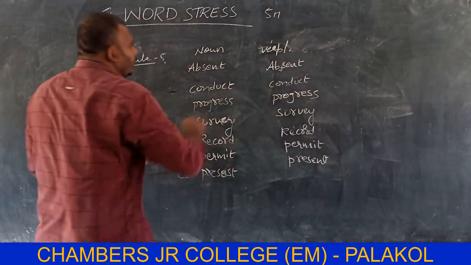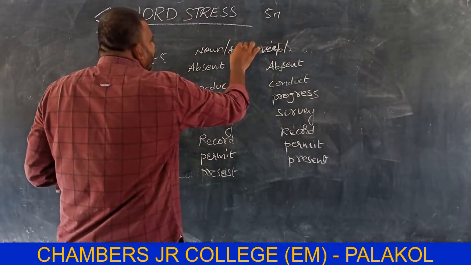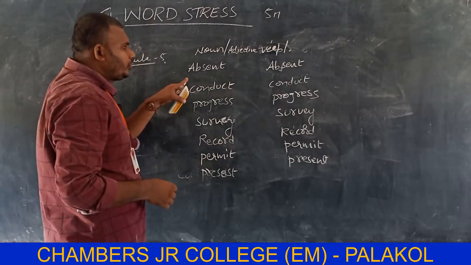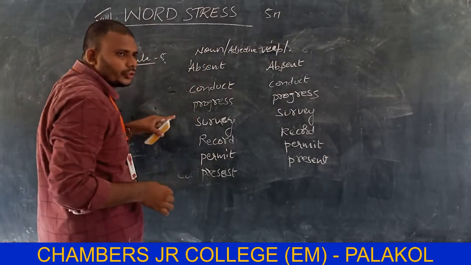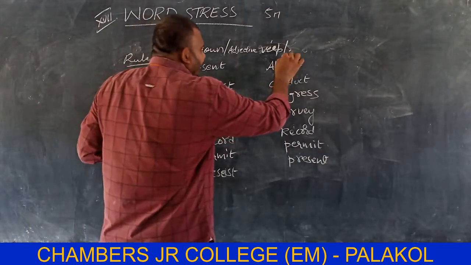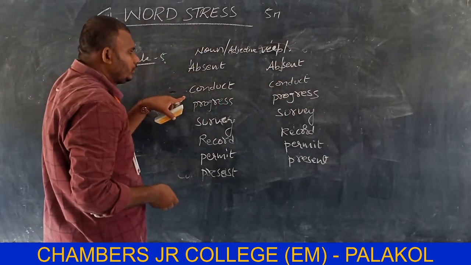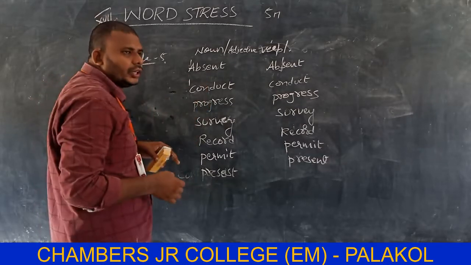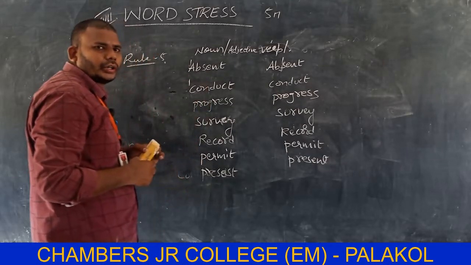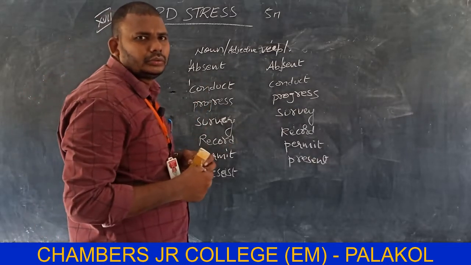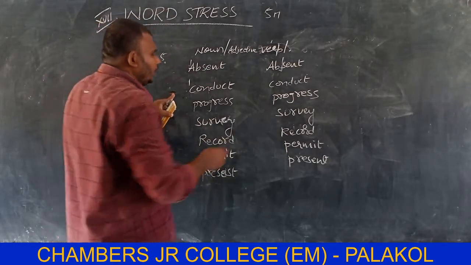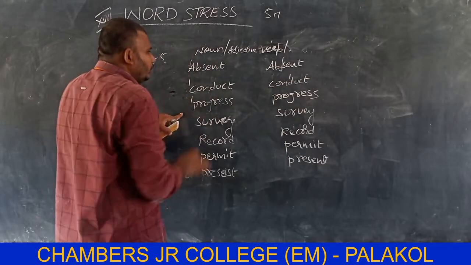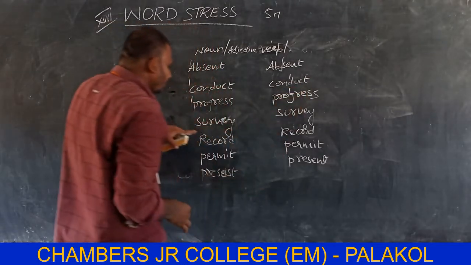Sorry, here it is noun or adjective. Right? Absent, it is a noun. So put the stress on the primary syllable. Absent. Conduct. We generally get the certificate of conduct when we leave a school, right? Conduct as a verb. Progress, progress.